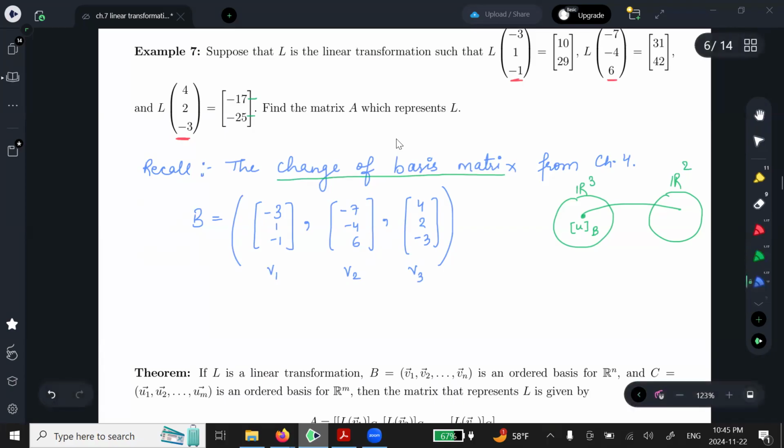So this is how you calculate it with one step. You multiply by the inverse.